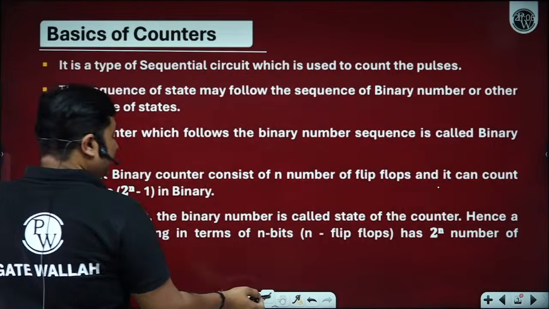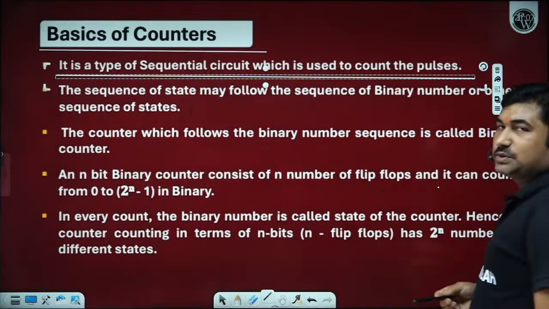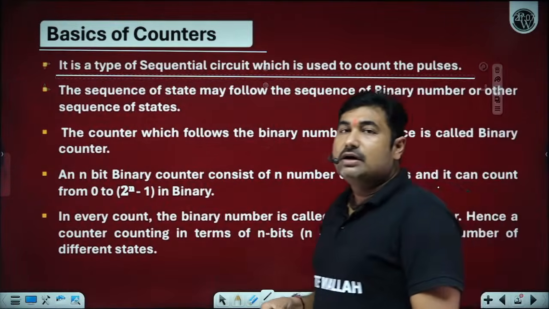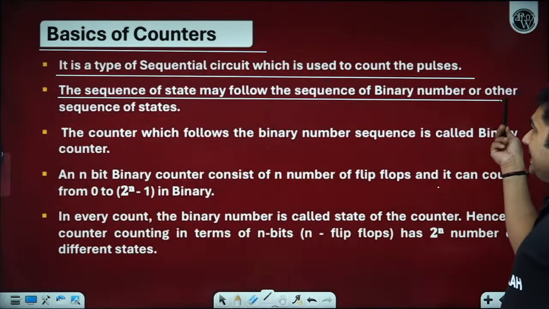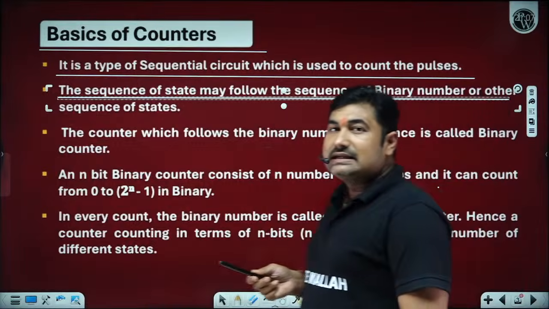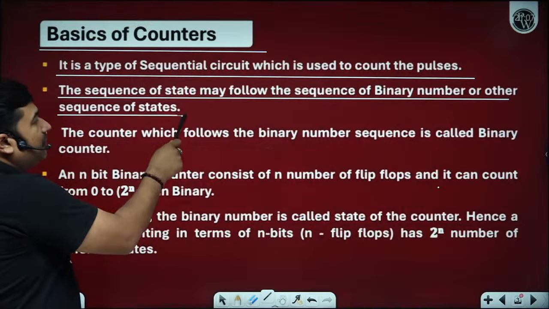Now please observe here. It is a type of sequential circuit which is used to count the number of clock pulses. The sequence of states may follow the binary sequence or another sequence of states.